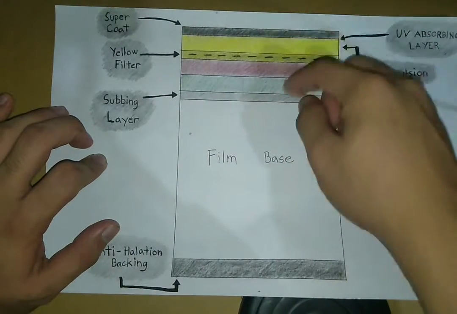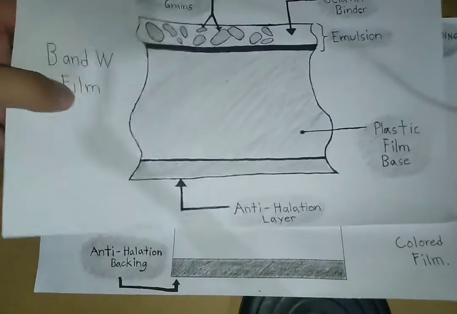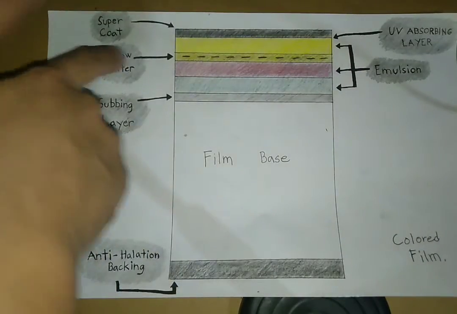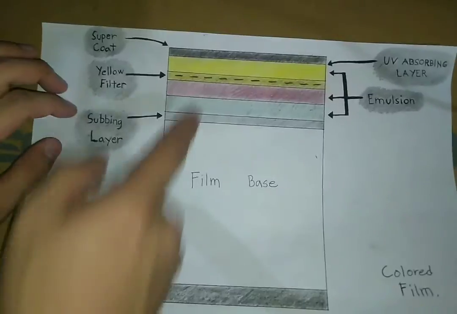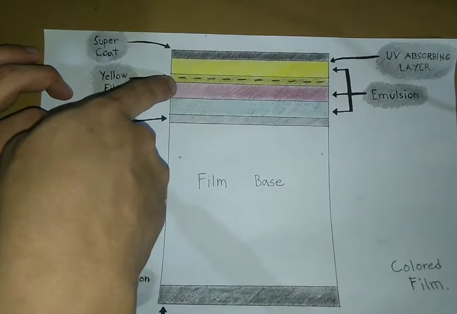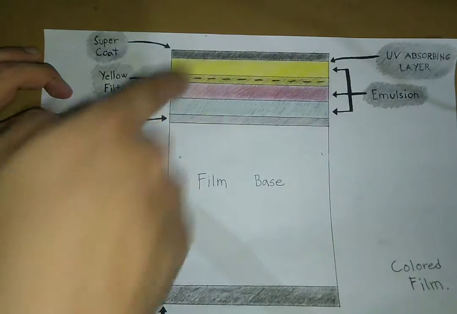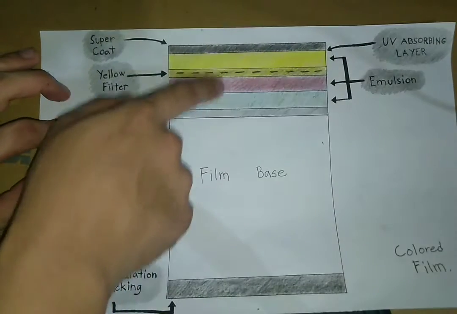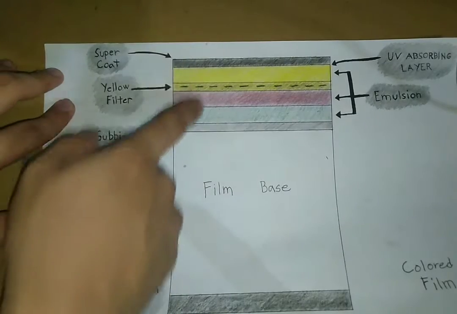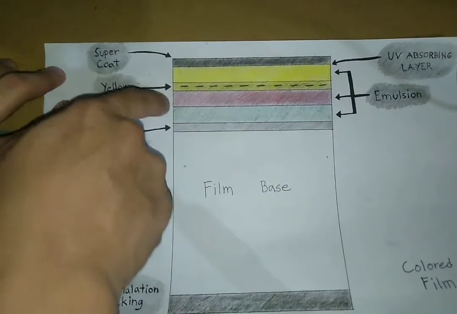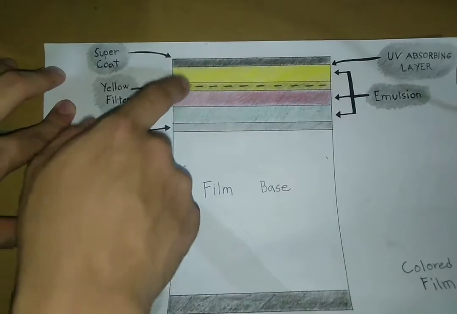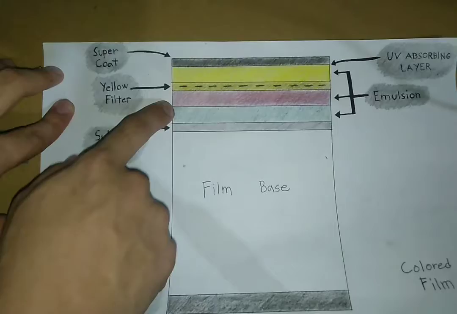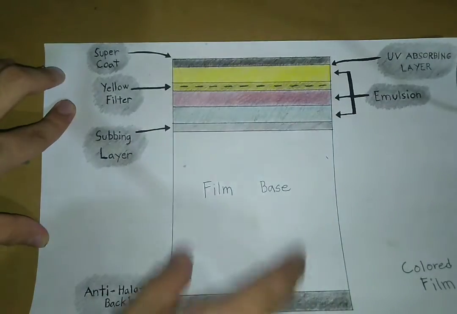Here there are no colors because this is black and white, and here it is colored. That's why we have the colors magenta, cyan, and yellow. So if you ask me what their work is, it is to apply colors. Usually these layers are the ones that process the main color of the picture.